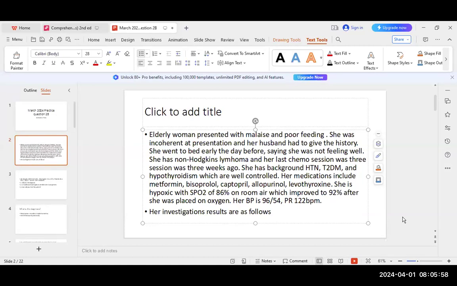Another thing that was important in the management: when I mentioned the antibiotics, they specifically asked for empirical ones. Even when I mentioned ceftriaxone and metronidazole, they still asked which other one. I had to mention meropenem. All these antibiotics are very strong and will cover all forms, especially considering these patients.